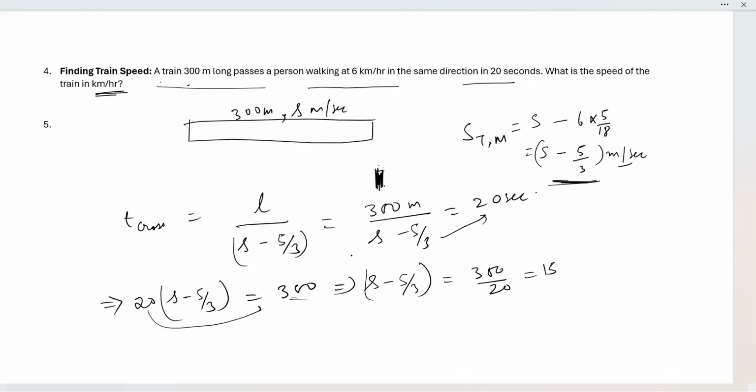And from here S comes out to be, here it is in subtraction, and with minus sign, we go to the other side and become plus. So this will become 50 by 3 meter per second.